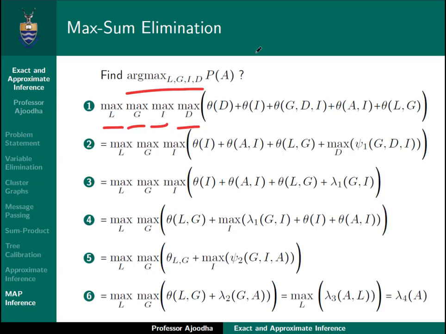The elimination ordering here is D: I'm first eliminating D, then I, then G, then L. So this is exactly the same as variable elimination, but this time the context has changed to MAP inference.